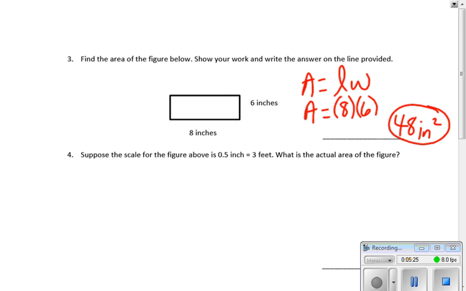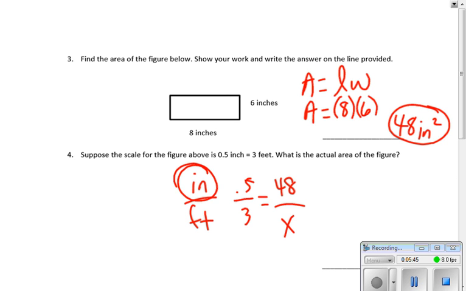Now, for the second part, a lot of you in class did this, and you're not allowed to do it. A lot of you tried to set up this proportion: inches over feet, 0.5 over 30 equals 48 over x. You are not allowed to do this. Here's why. The top of this scale is inches. Your area is not inches anymore.